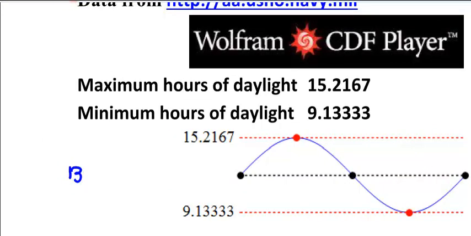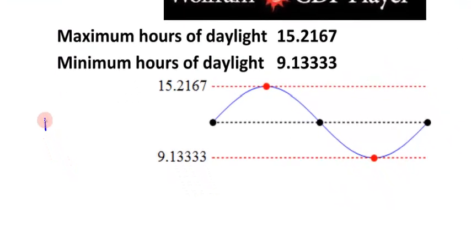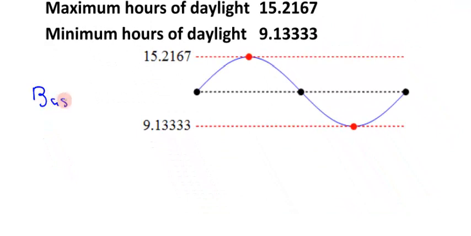Let me turn down, I'm using a different computer today. The baseline will be halfway between the smallest value and the largest value. So to find the baseline, I'll average those. That will give me the number halfway between.